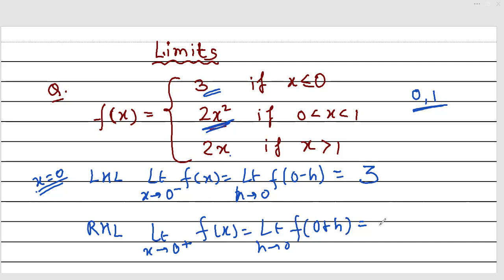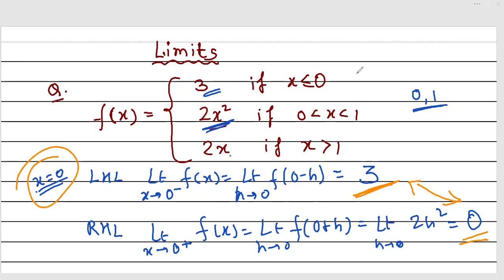So we will say limit h tends to 0 of 2h square. Now plug in the value of h as 0 here, we will get 0. Here we can see that left hand limit for x is equal to 0 is 3, whereas right hand limit for x is equal to 0 is 0. So these two are not equal. So we will say that limit at x is equal to 0 does not exist.